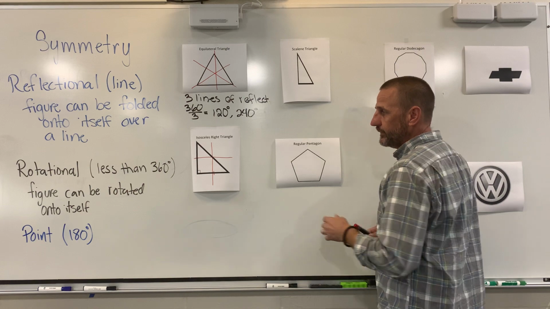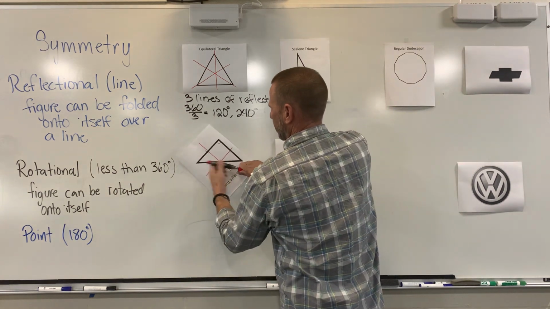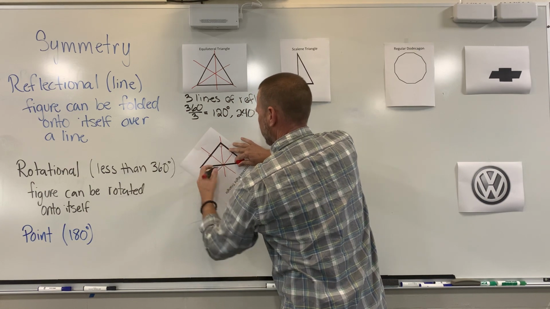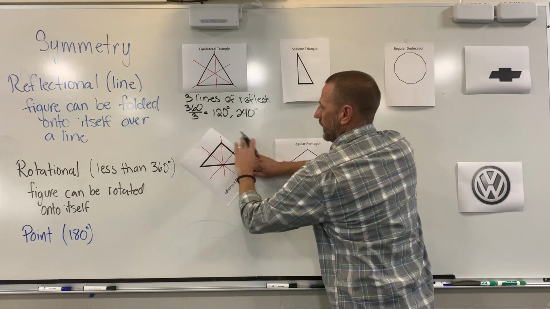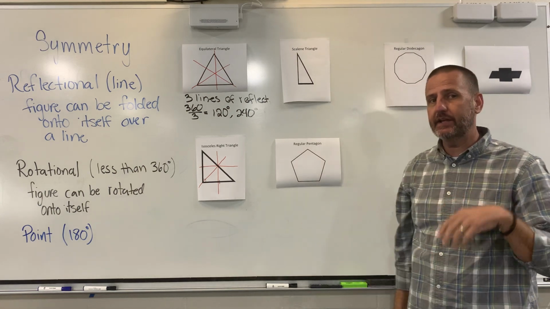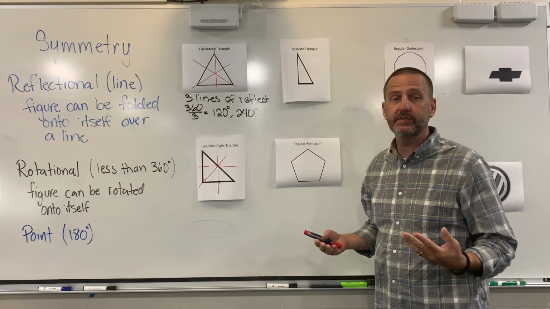But what if I picked it up like this and I drew it? Can I reflect it, or can I draw a line this way? And the answer is yes, I can. This side can fold onto that side. Now the reason that happened is because I had two angles and two sides that are the same length.